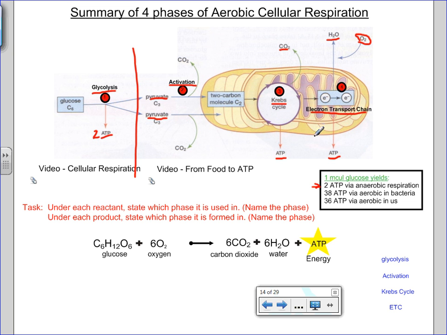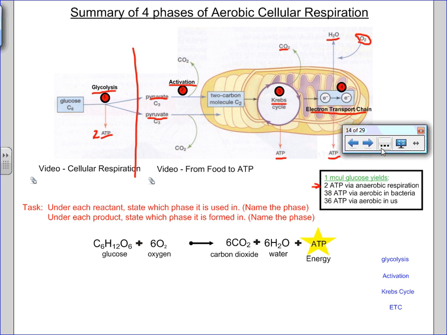So quite a difference. If we don't have enough oxygen available to us, our cells will not get enough ATP in order to function. That is why when we don't have a good supply of oxygen, then we will die.